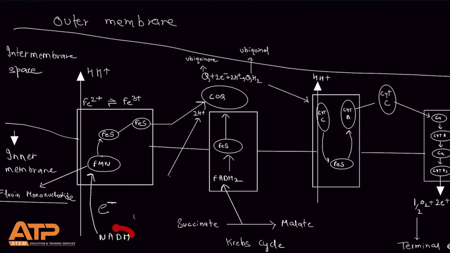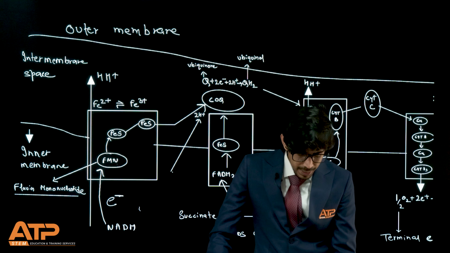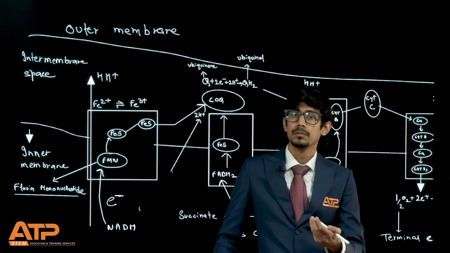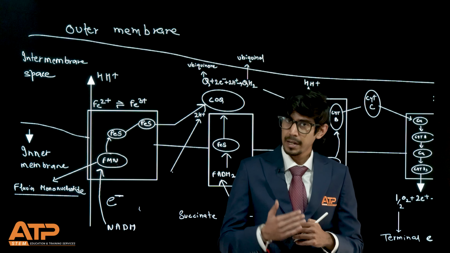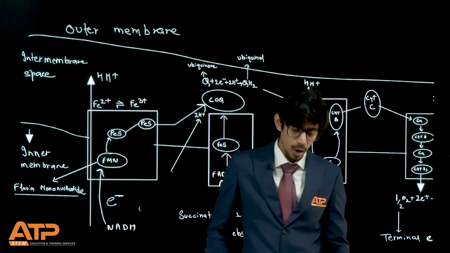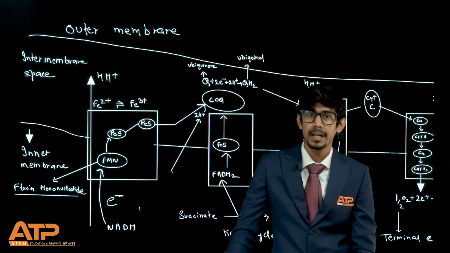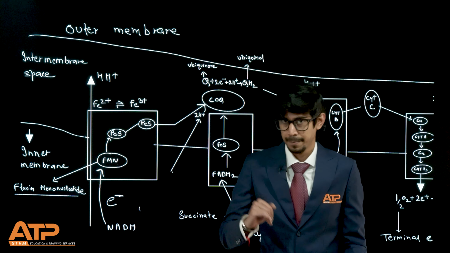The electron is given by NADH, right? So NADH gives its electron, and when it gives its electron, it gets oxidized. When it gets oxidized, the hydrogen is also lost from NADH and it becomes NAD plus again.